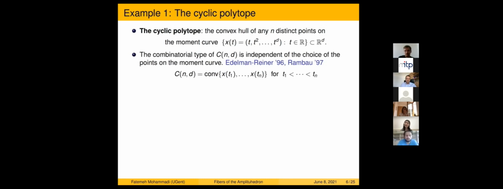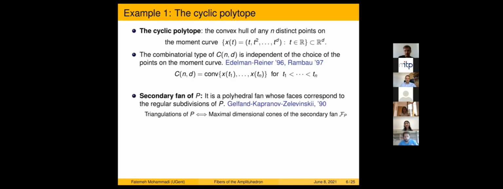The triangulations and subdivisions of cyclic polytopes are also well studied. For example, they have a similar combinatorial type, no matter what points you have chosen from the beginning. So the combinatorial data that you obtain for these polyhedral fans is going to be the same.